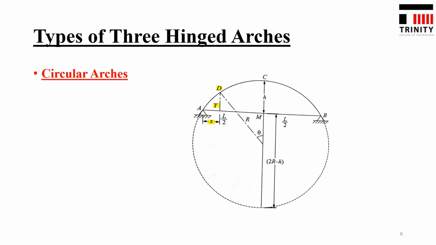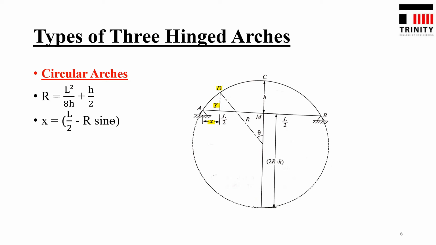In case of circular arches, you need to learn by heart the following formulas. First, if you know the span of the arch L and rise h, then the radius of the circle can be calculated using the formula R = L square by 8h plus h by 2.